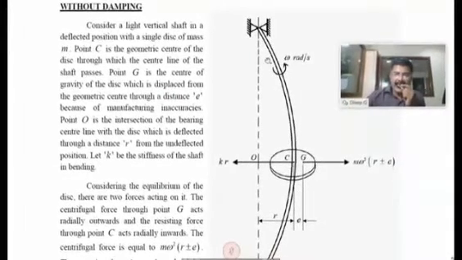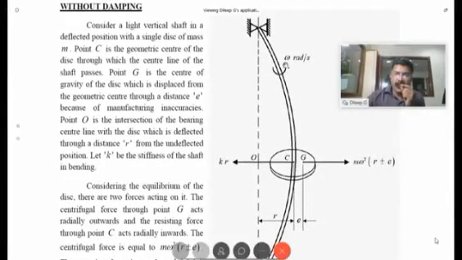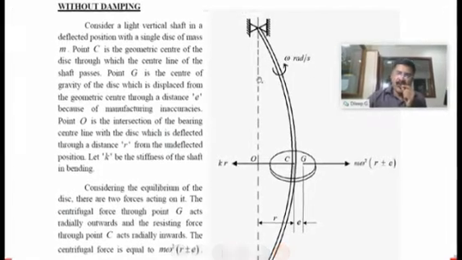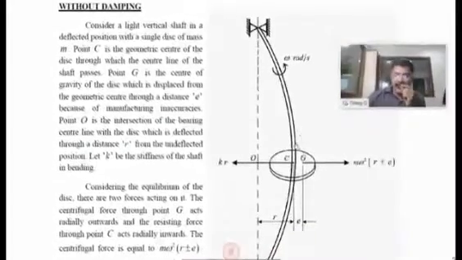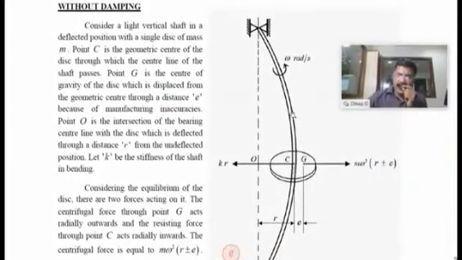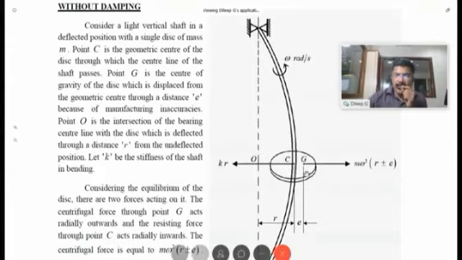Now, as the disc shaft assembly is rotated with a speed omega radians per second, the disc also starts rotating with the shaft, and from the center of gravity of the disc G, there will be centrifugal force acting radially outward like this.